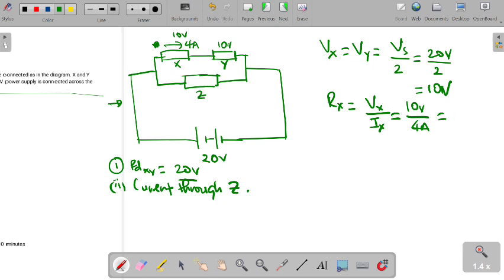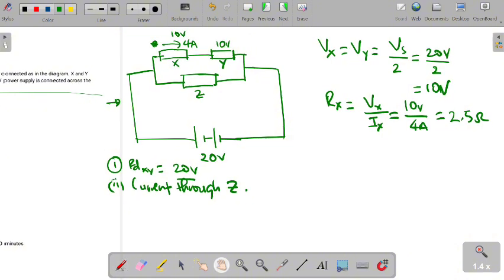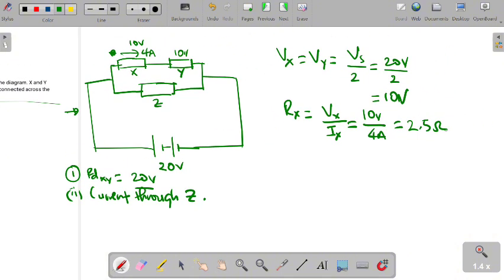This gives us 2.5 ohms. Because these resistors are identical, Rx is equal to Ry equals Rz, which gives us 2.5 ohms.